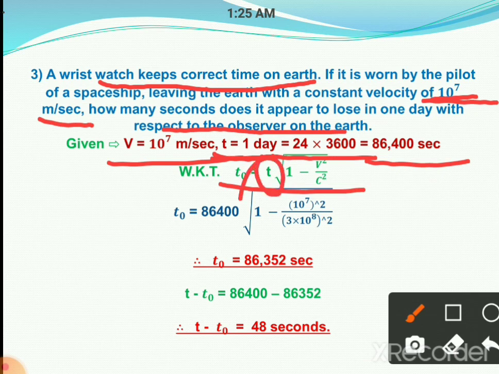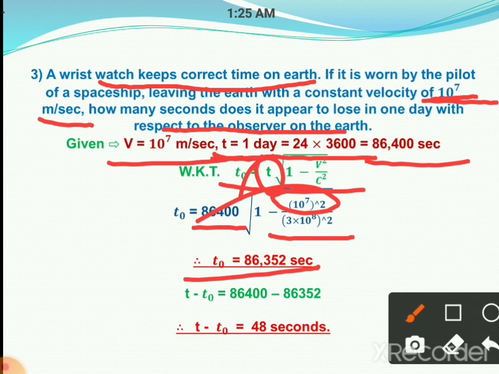We know the value of t is 86,400 seconds, v is 10 power 7, and c, the speed of light, is 3 into 10 to the power 8. If we substitute and simplify, we get t naught is equal to 86,352 seconds.